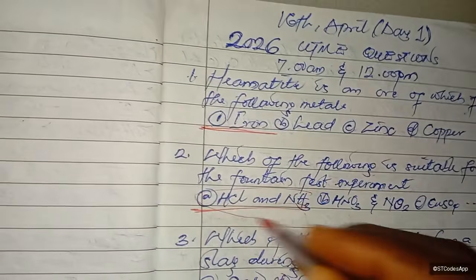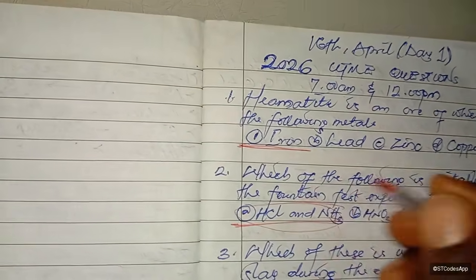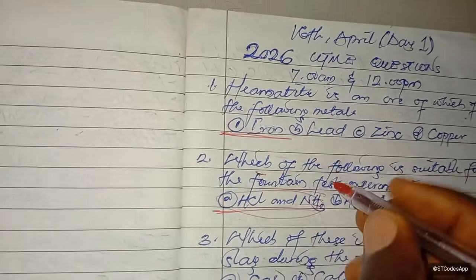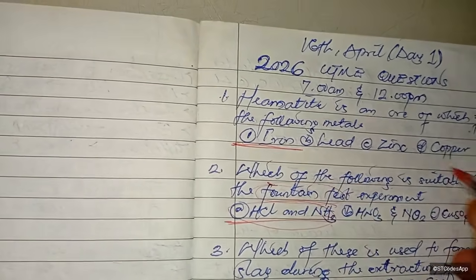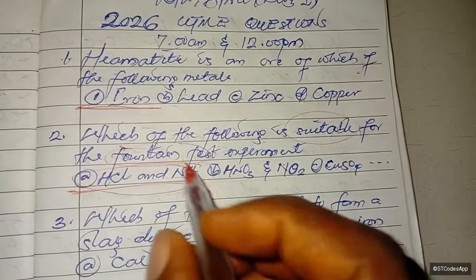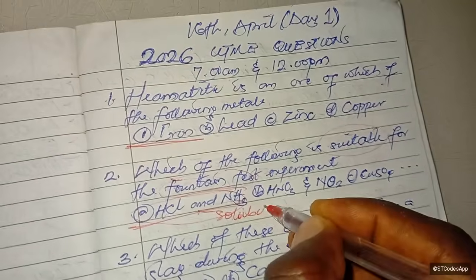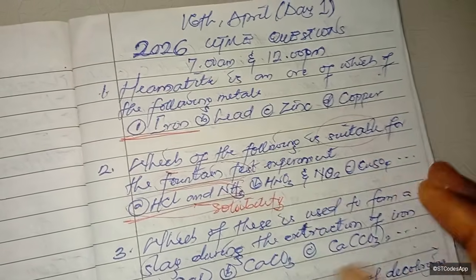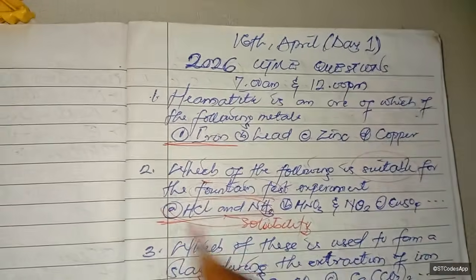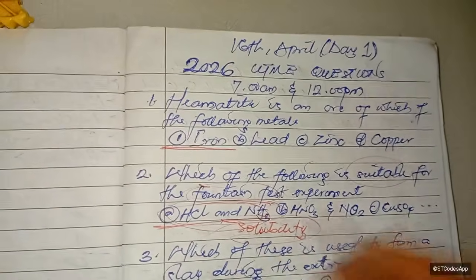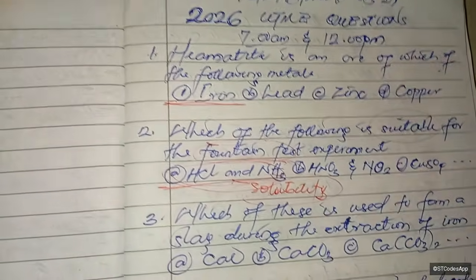Now, the condition for the suitability of a chemical compound for fountain test is the solubility of that compound in water. So this one is highly soluble in water. If it's very soluble in water, then it can perform fountain test.